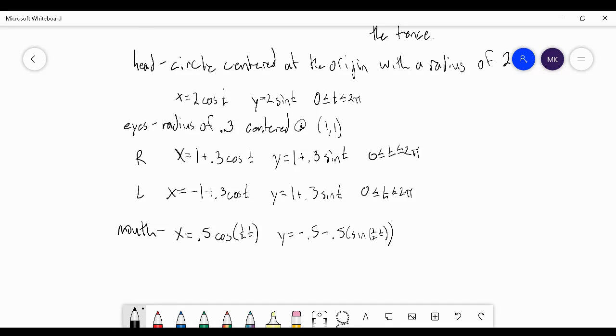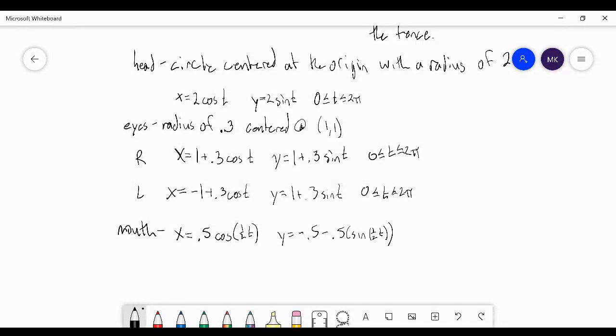And what this does is this will give us only the half of a circle. That's what the half does. But notice that over here on y, it's minus 0.5 sine. And what that does is it essentially flips the y value to give us a smiley face. If that was plus, we'd end up with a frowny face.